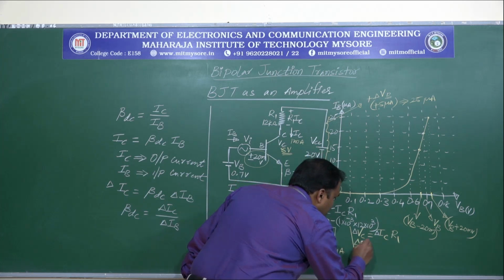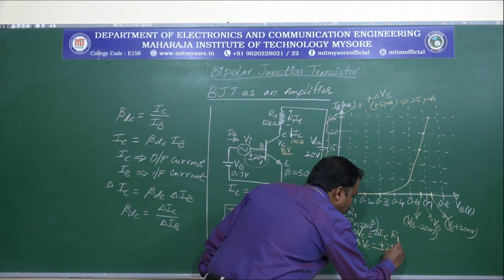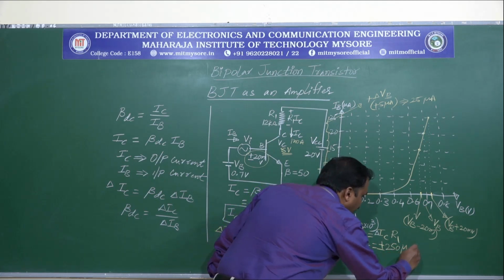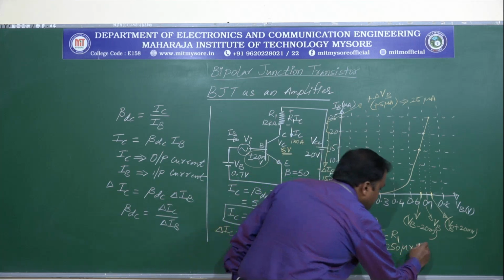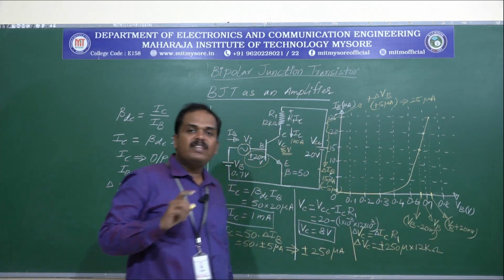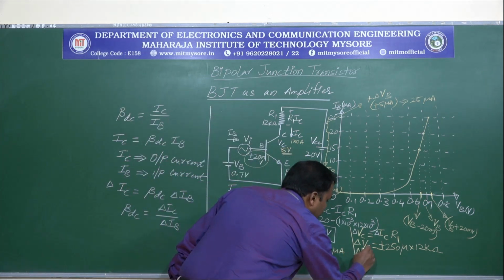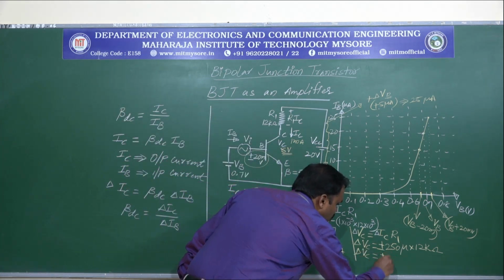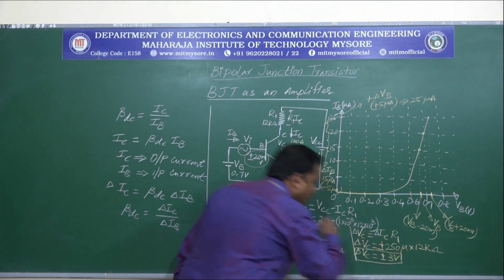So delta VC can be written as plus or minus 250 microamperes into the R1 value, given as 12 kilo ohms. This gives delta VC equal to plus or minus 3 volts.